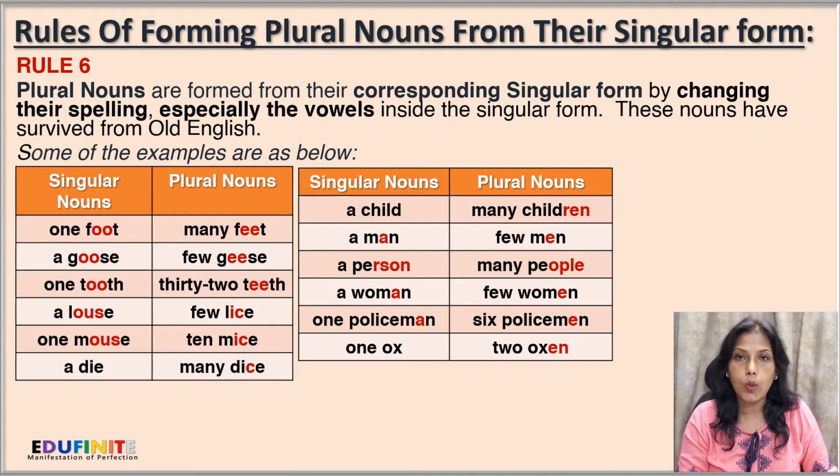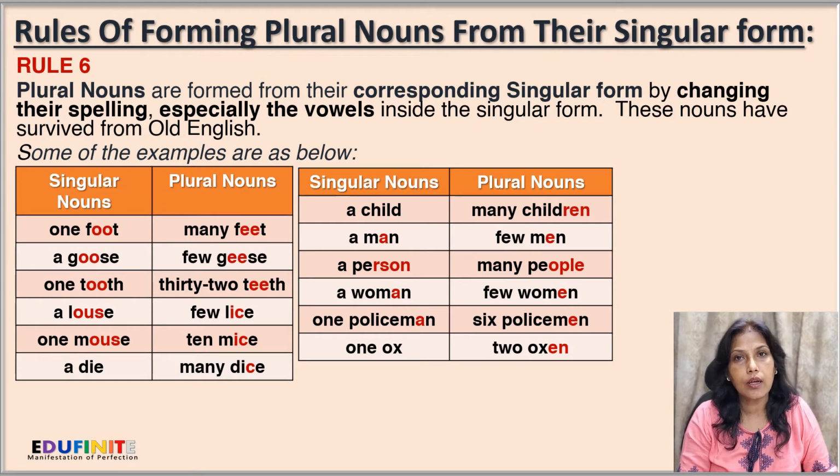So double O, the vowel, has been changed to double E. Next, a goose, GOOSE. Here, in the singular form, double O is being changed to double E to make it plural, few geese. Similarly, 1 tooth to 32 teeth.